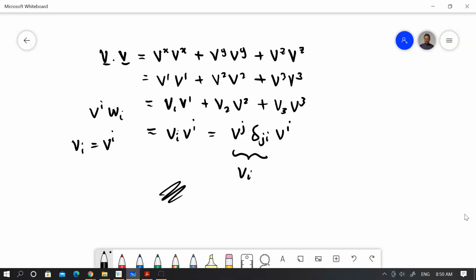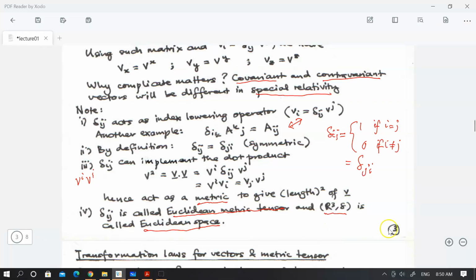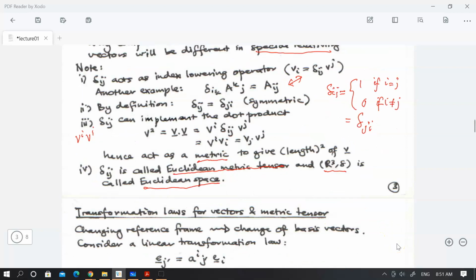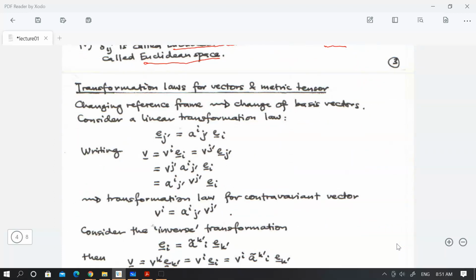Okay, so let me go back to the notes. I think I want to finish this thing off. So the idea now, remember this idea of vectors being indexed is fine. You know that there's a component to each vector, but the important thing is now, can you compare vectors in different reference frames? So you can.